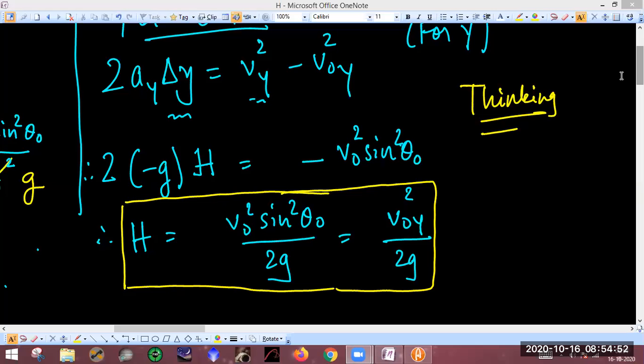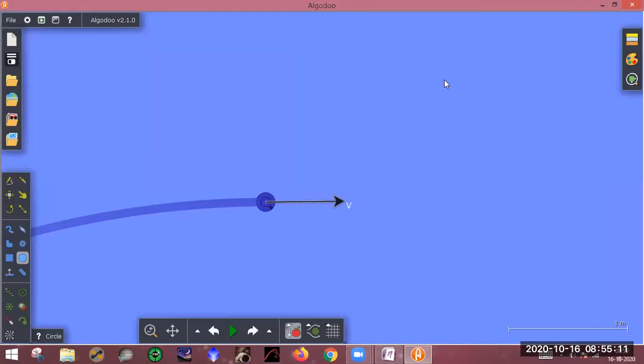Okay, can you see the screen? I'm screen sharing there. Sorry. Yeah, now you can see Algodoo, right?